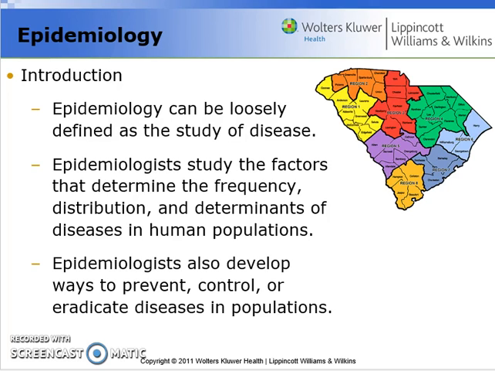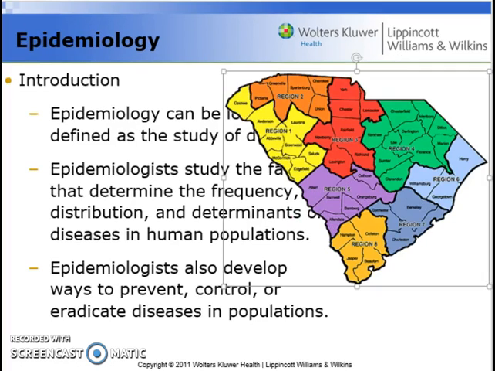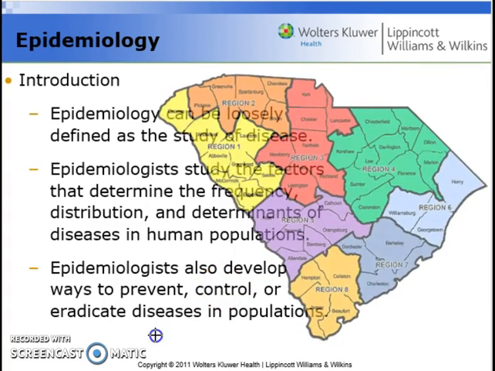And what these individuals do is they monitor different populations throughout their assigned regions. So if you look at this picture of South Carolina, to put this in perspective for you, we have numerous regions that are monitored by a large number of individuals.